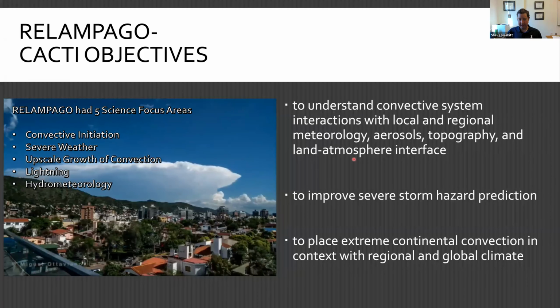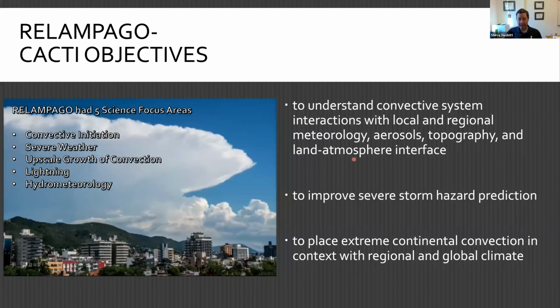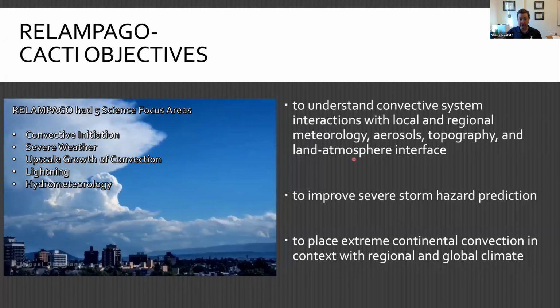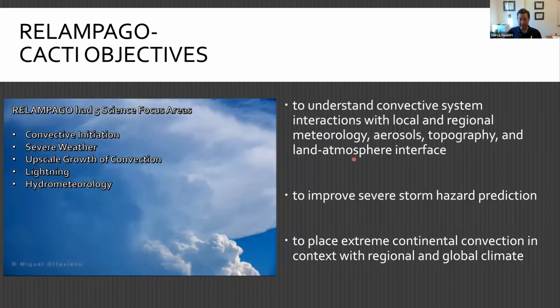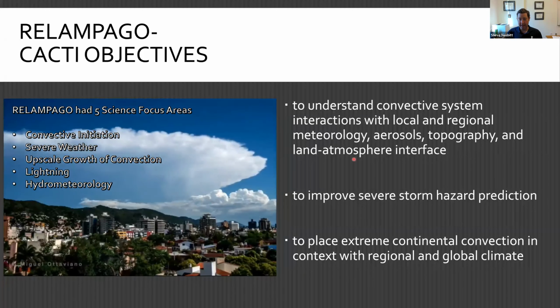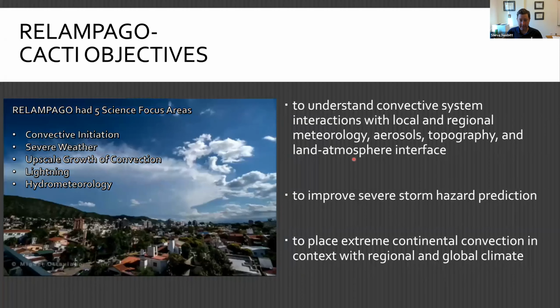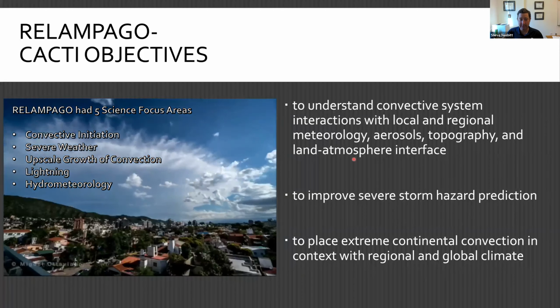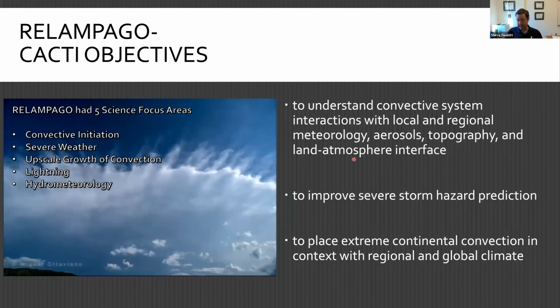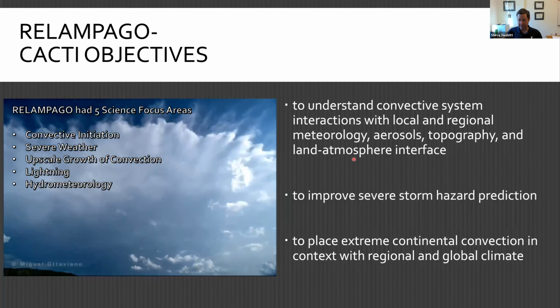So we broke our science into 5 focus areas: convective initiation, severe weather, upscale growth of convection, lightning, and hydrometeorology. And we had 5 different sub-teams that designed observational strategies for a given case that we were about to observe each day to optimize the data collection for each of those initiatives.